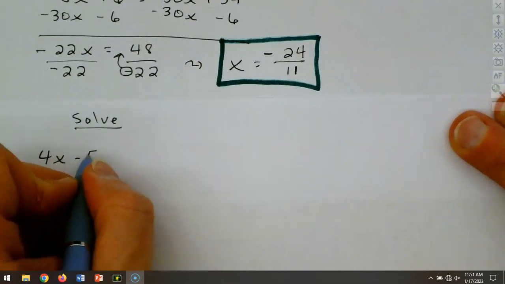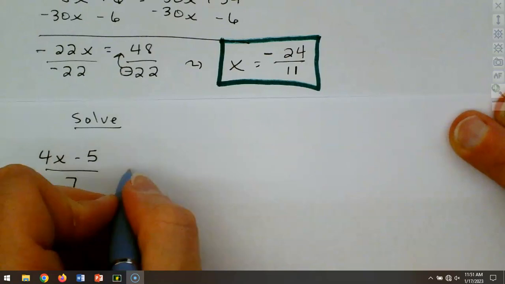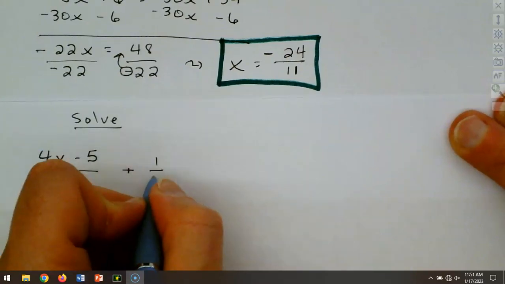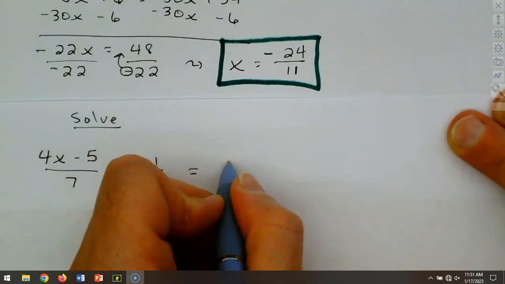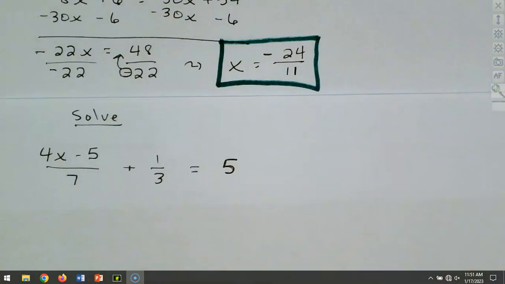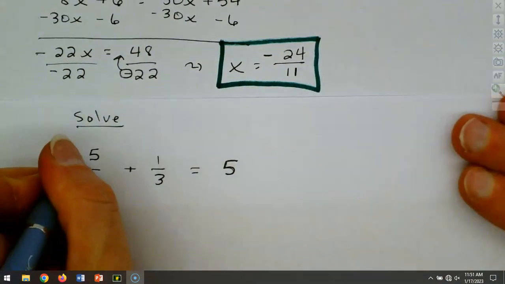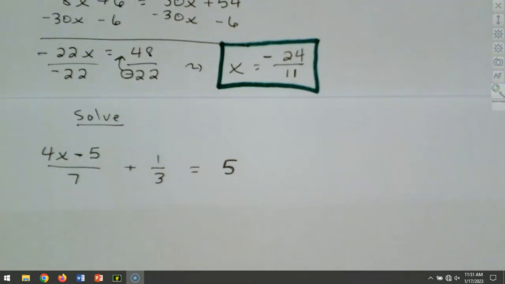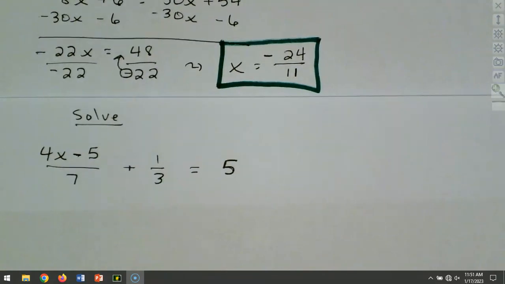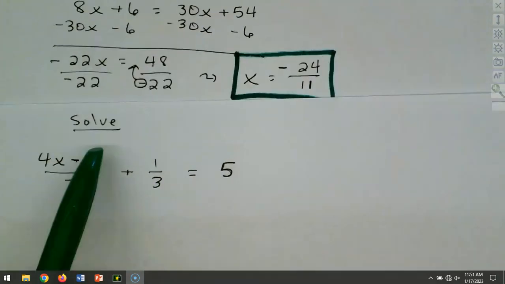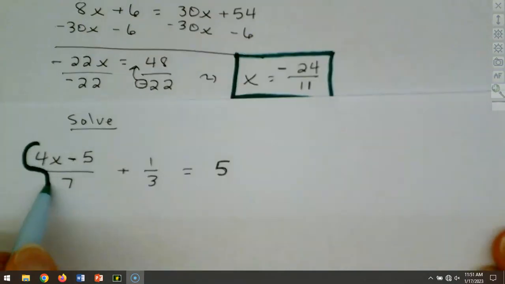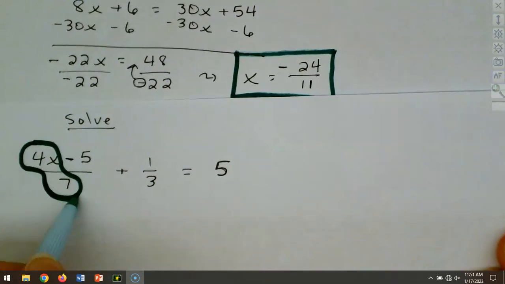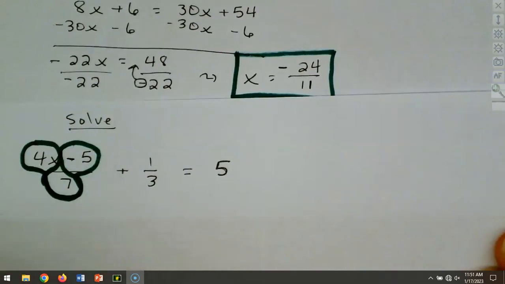(4x minus 5) over 7 plus, let's say, 1/3 equals 5. I picked this one on purpose because what we're going to have to do with this first fraction is split it up into the 2 individual fractions.